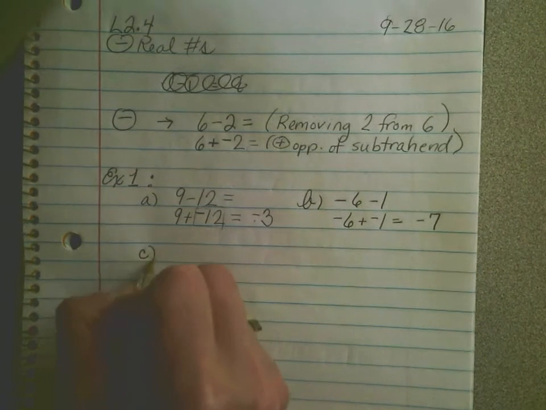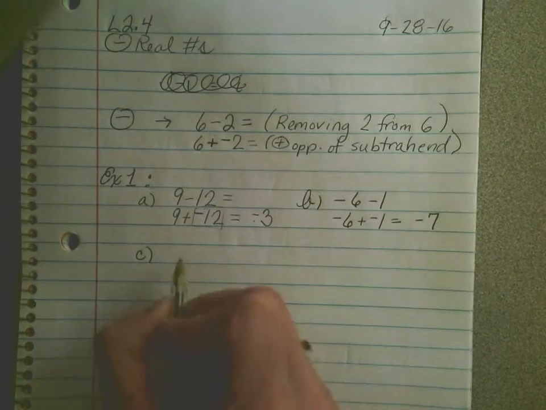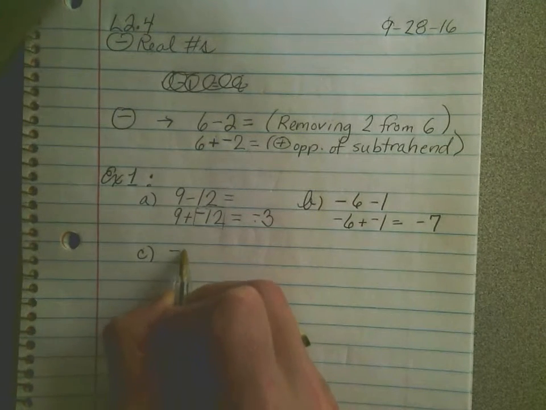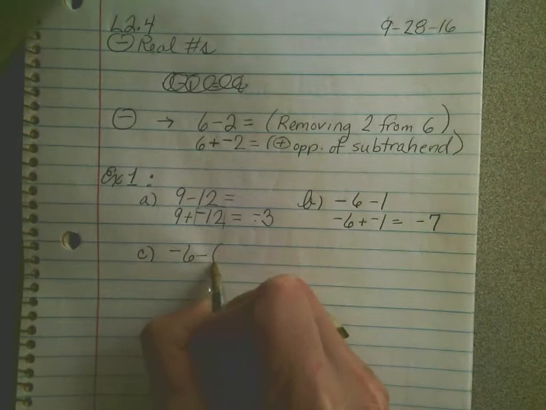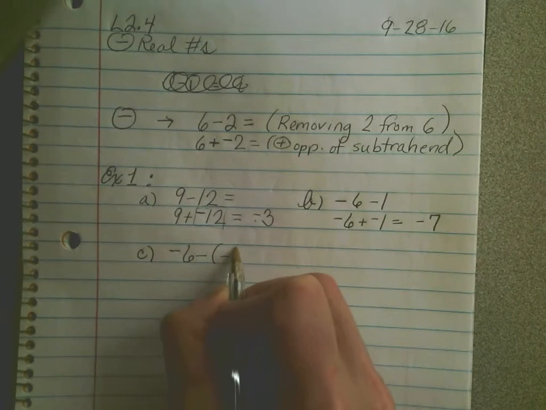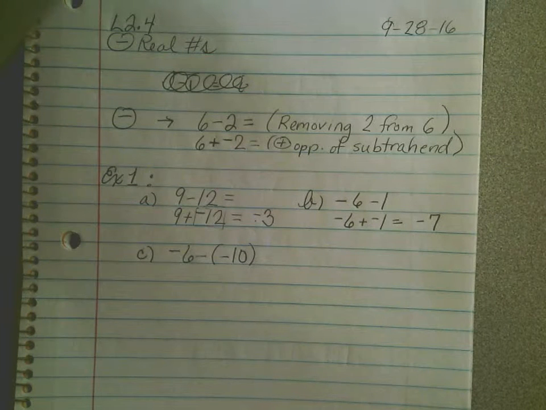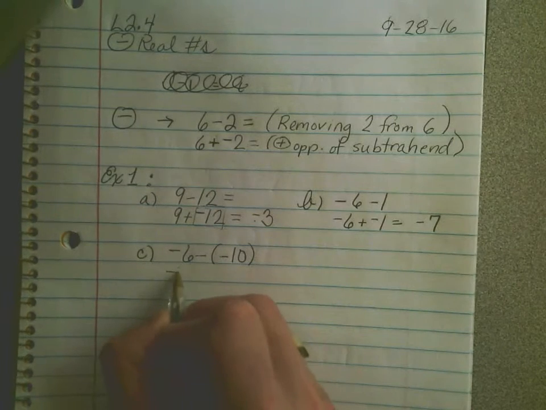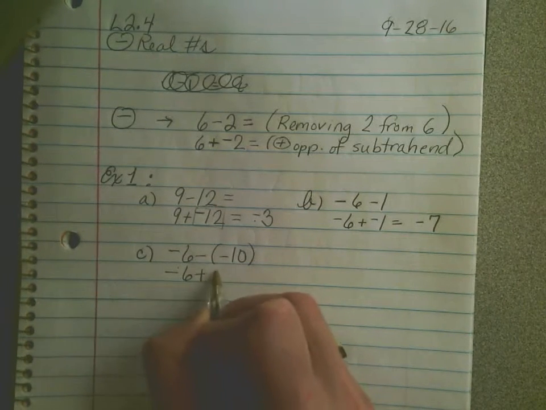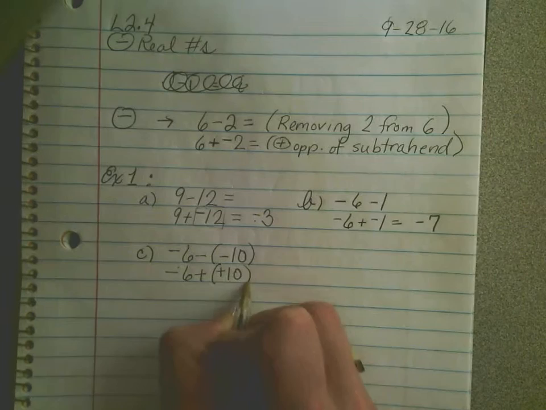I know, exciting. Or maybe I might say to you some number minus a negative something. Removing a negative is the same thing as adding its opposite. And for sake of argument, I'm going to do that.